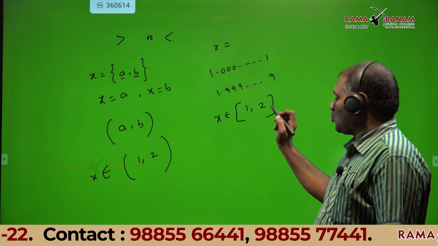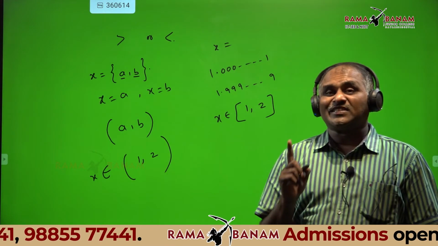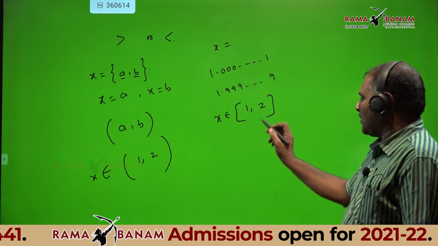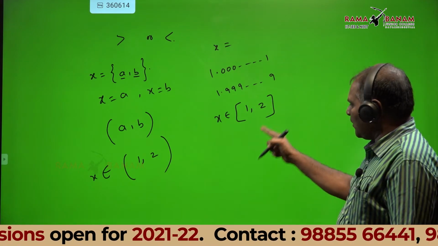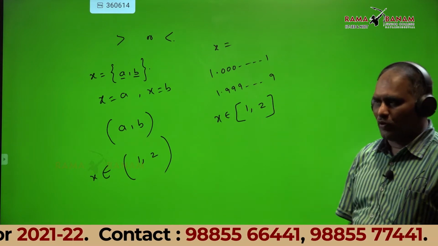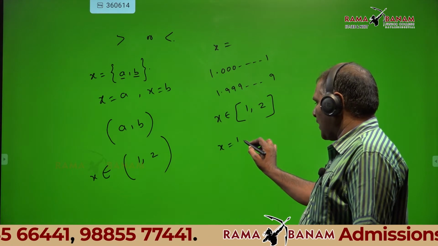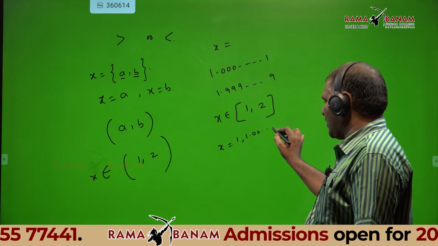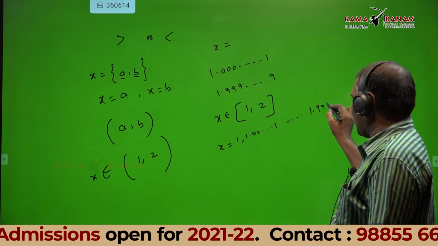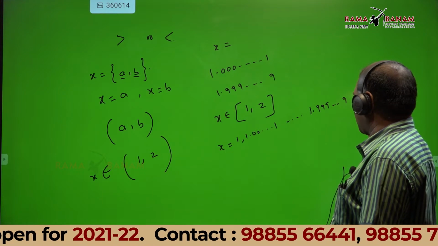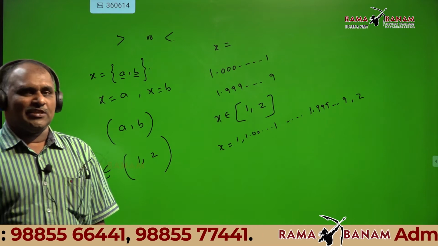The closed bracket of 1 to 2 means all real numbers from 1 to 2 are included, and 1 and 2 also. So x is 1, 1.000 etc. 1, up to 1.999 etc. 9, and 2. These all values are included in x.